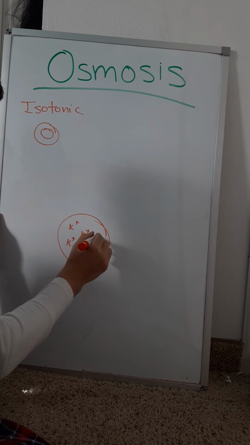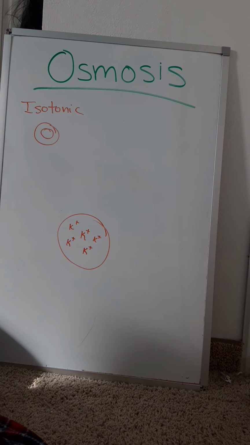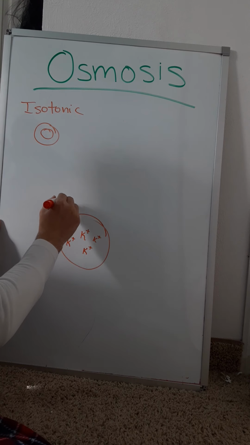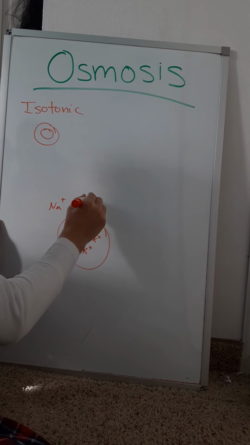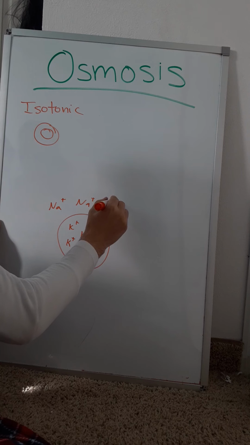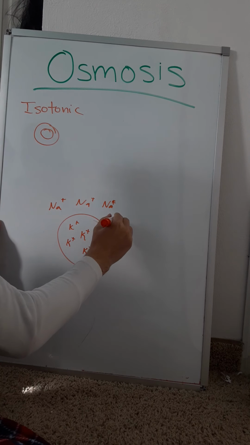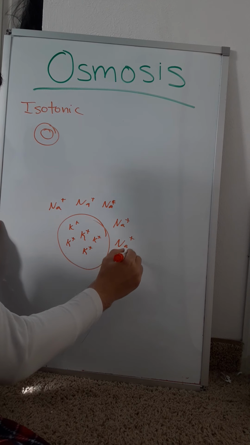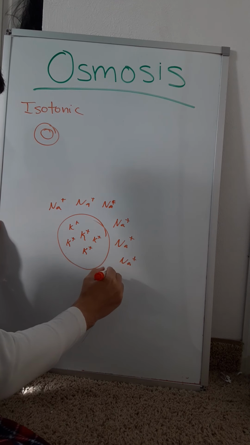I'm not going to get into the chemistry behind it. Just know that potassium has a positive charge. That's why I put the plus there. And on the outside of cells, you have sodium, lots of sodium, very, very high concentration, Na plus.